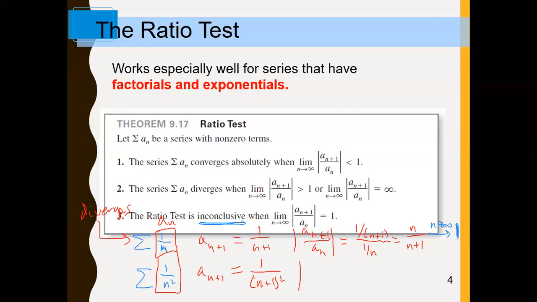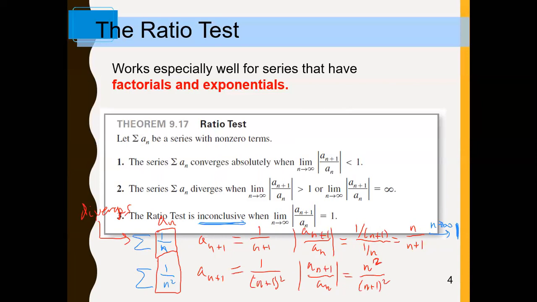If you look at the ratio of consecutive terms, it's going to be 1 over the quantity n plus 1 squared divided by 1 over n squared, which is n squared over the quantity n plus 1 squared.